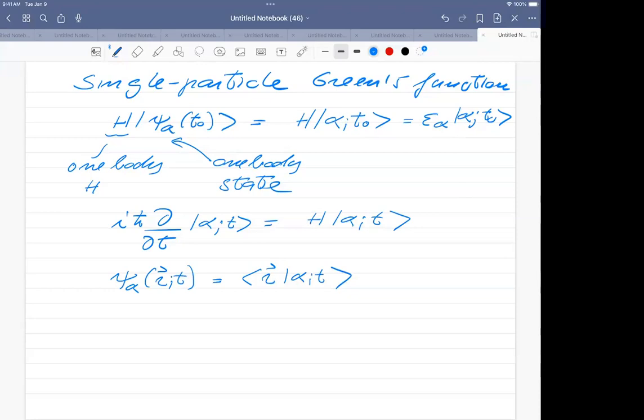Okay, so these are just basic definitions which you probably have seen before. And we know that this one we can rewrite in terms of ⟨r|, and then we have e^(−iH(t−t0)/ħ).